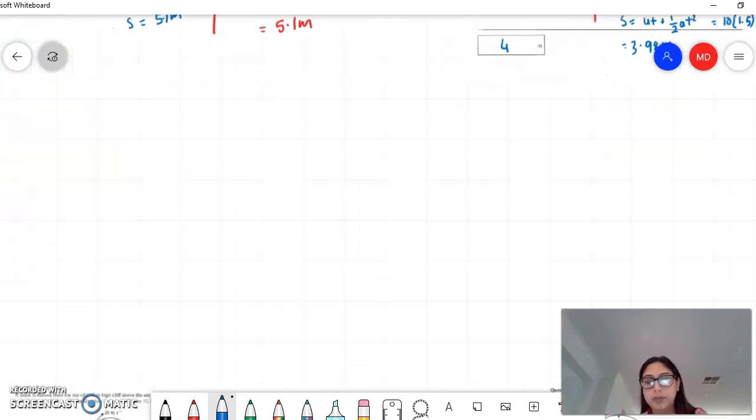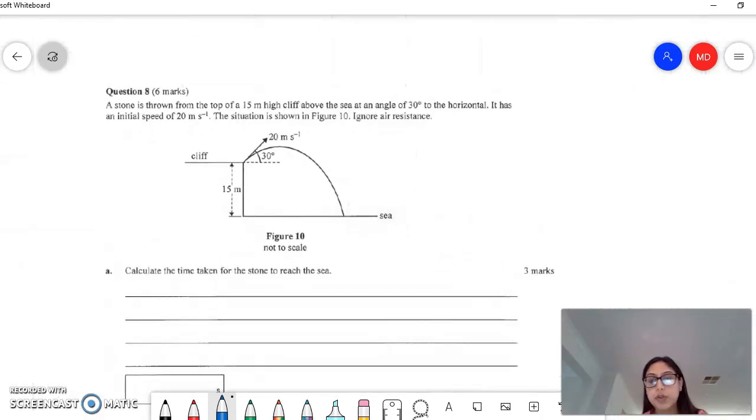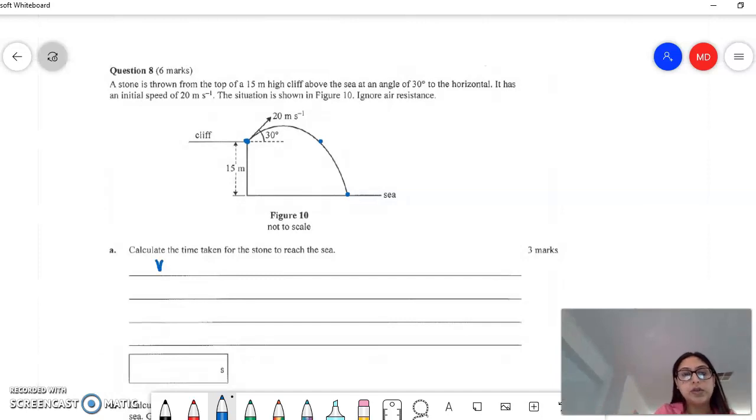Okay, now let's move on to this one. This is a different one because the ball is not landing at the same height. This is the original position and the ball does not land here. It actually lands below the starting height. So let's find the time taken for the stone to reach the sea. Let's deal with the vertical motion.